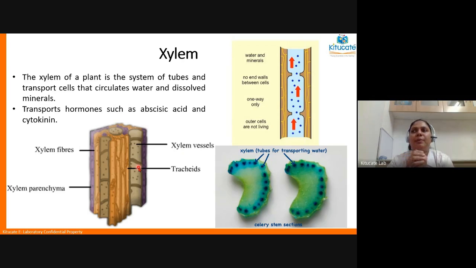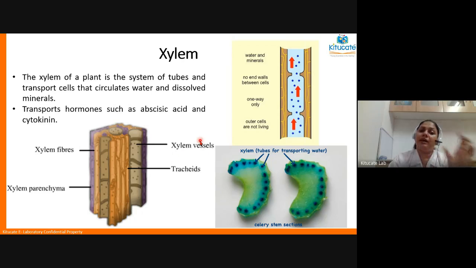To give you an example, if you have seen the straw of any ball pen, a capillary is many times smaller or thinner than the straw. Okay, so these xylem vessels are small capillaries which are supported by xylem fibers.